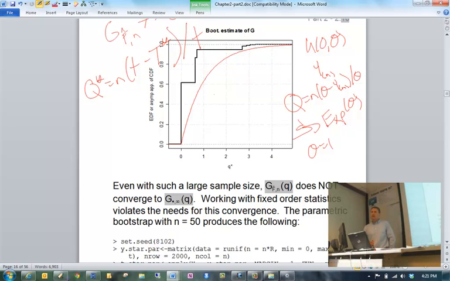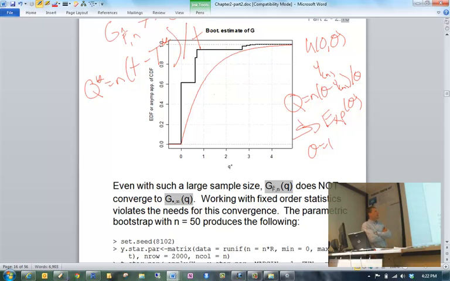As n goes to infinity, you reach that asymptotic distribution. Unfortunately, we don't. So we saw this, for example, this is the EDF plot from actually taking resamples. I think this was for n equal 5,000.